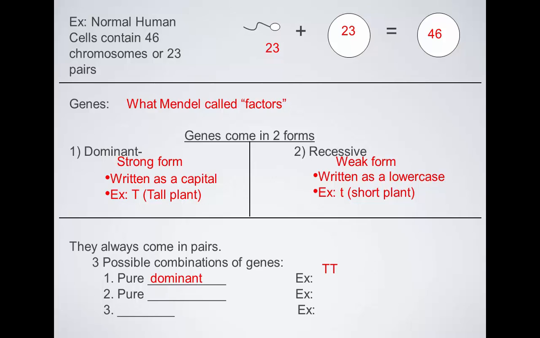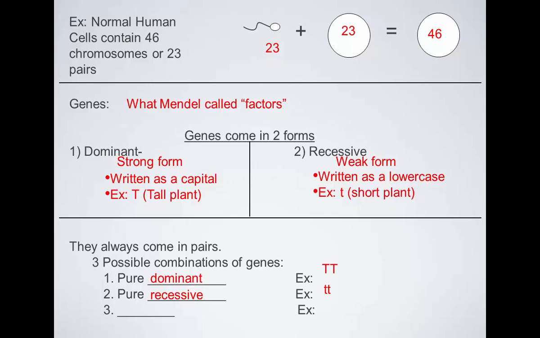What about a pure recessive plant? What letters do you think a pure recessive plant would have? Maggie? Yeah, two lowercase t's. And then we have one other possibility. What's the other possibility of genes that we might have? John?